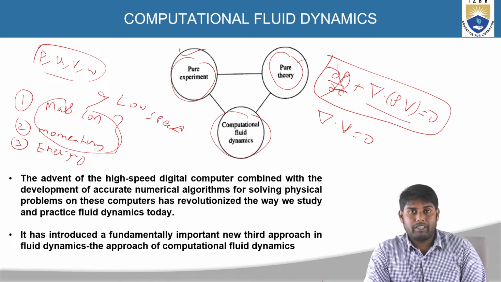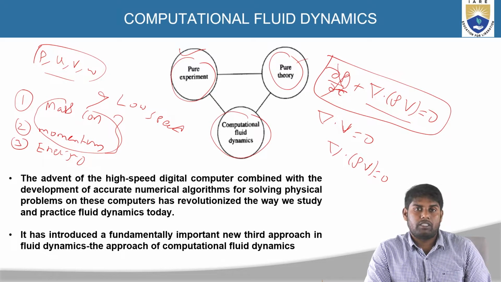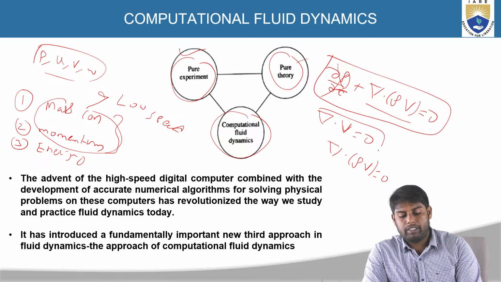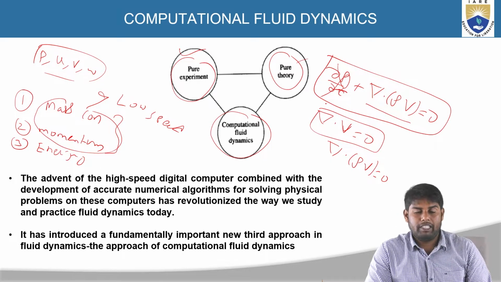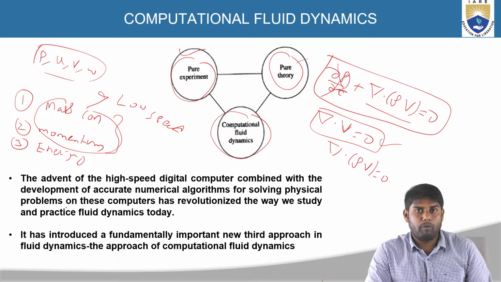If we need to write the steady continuity equation, del dot rho v equal to 0, which is the steady continuity equation where the flow is compressible. If the flow is incompressible and steady, then this equation will hold. Fine. So basically the divergence will be used for the incompressible flow medium.